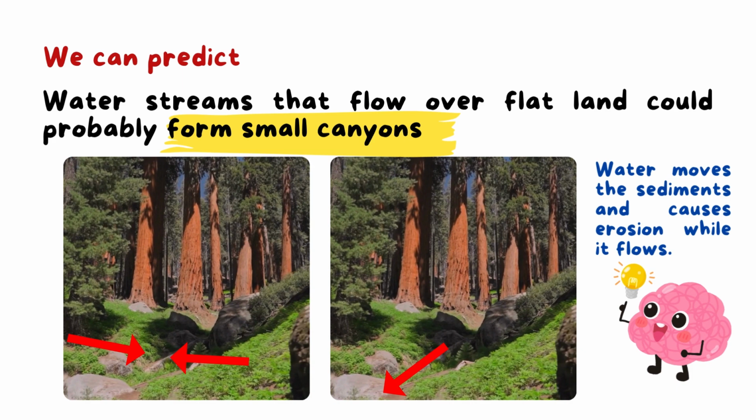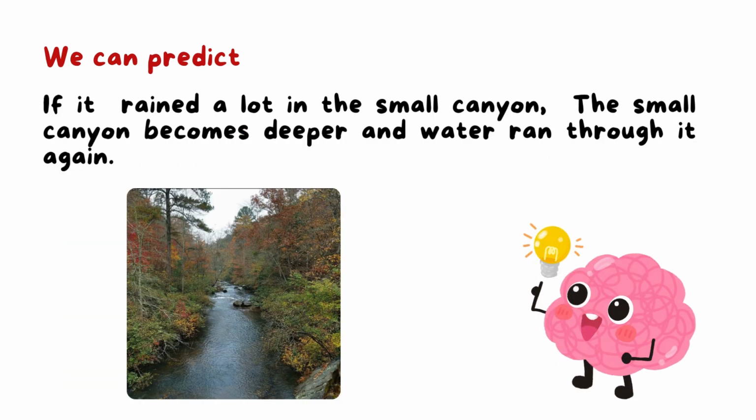And the second prediction is that if it rained a lot, the small canyon that is formed becomes deeper and deeper, and the water runs through it again. This is the formation of canyons as an example to understand how knowing the formation of landforms helps us predict the future changes that happen in these landforms.